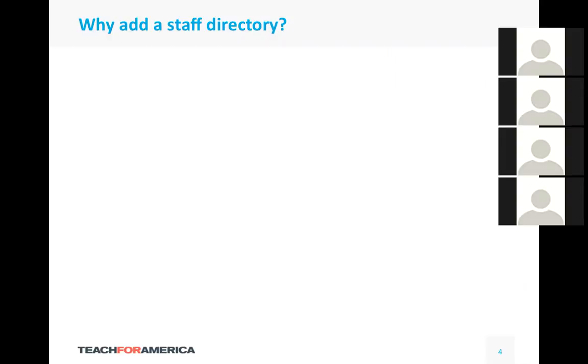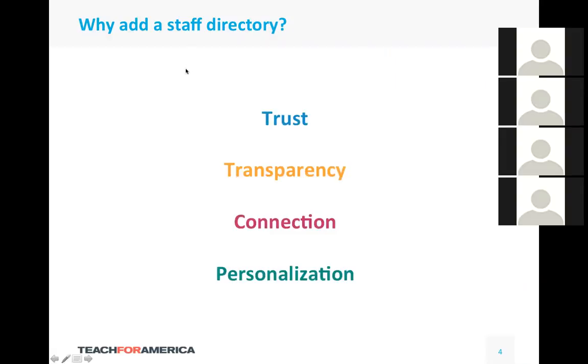So not surprisingly, I have some themes here that definitely align with what you're all sharing. This idea of connection and personalization. So actually giving people a view into who is on your staff and how to connect with them directly, and to personalize, to kind of put a face to the people who work in your region.